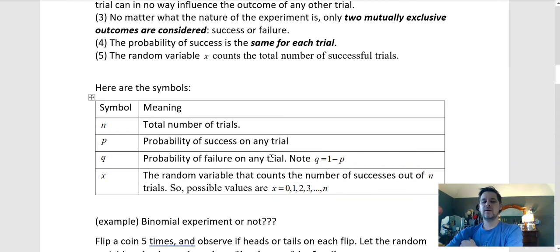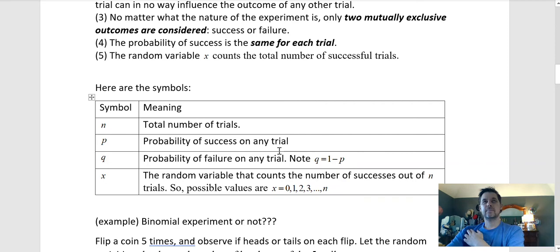Now, because there are only two outcomes in a binomial experiment, and they're mutually exclusive, those probabilities of success and failure have to add to 1. So if P is the probability of success, Q, the probability of failure, will be 1 take away P. All right.